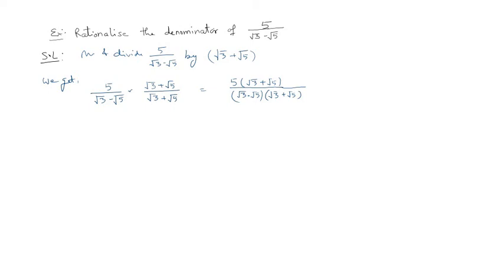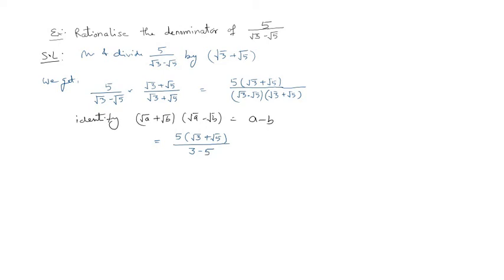Now we will use the identity square root of a plus square root of b times square root of a minus square root of b equals a minus b. Here a equals 3 and b equals 5. So here we will get 5 times square root of 3 plus square root of 5 divided by 3 minus 5.